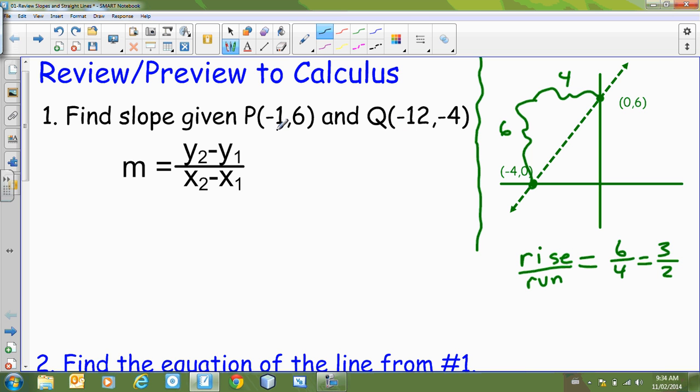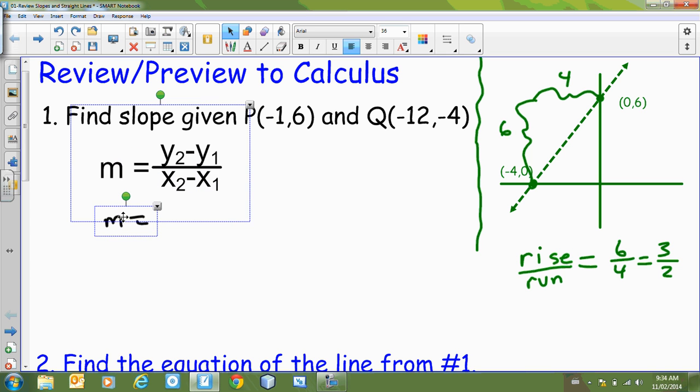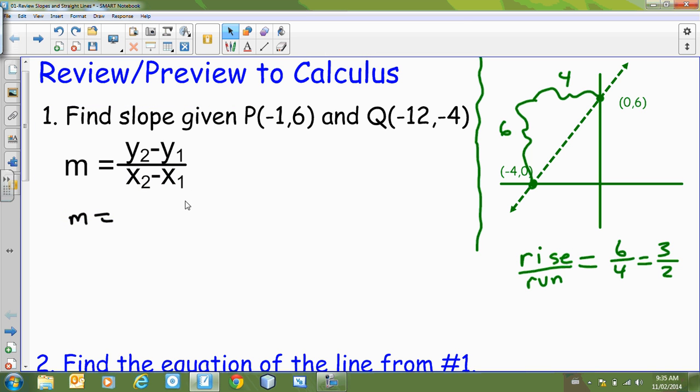Q would be my point 1 and P would be my point 2. That doesn't matter though. I can work this in any order I like, because really all I'm doing is dealing with the math behind it. So the slope is going to be my y2 over my x2. So again, I'll choose this to be my y2 and my x2, although if I do it the other way, I will get the same answer.